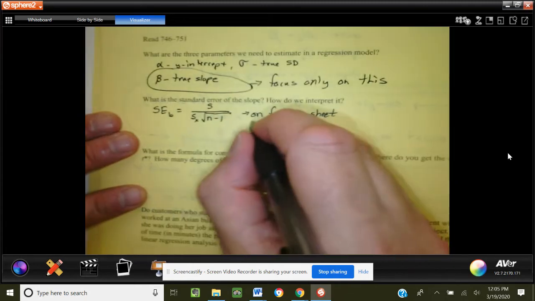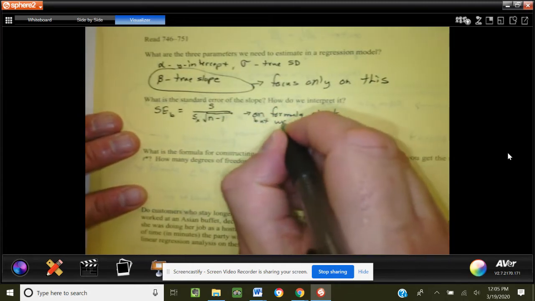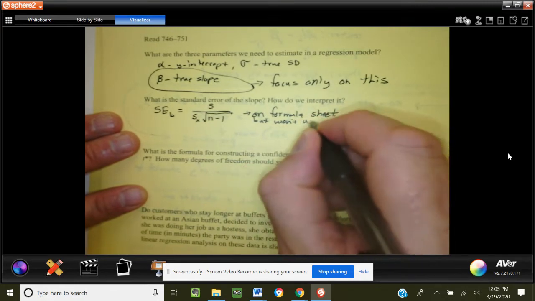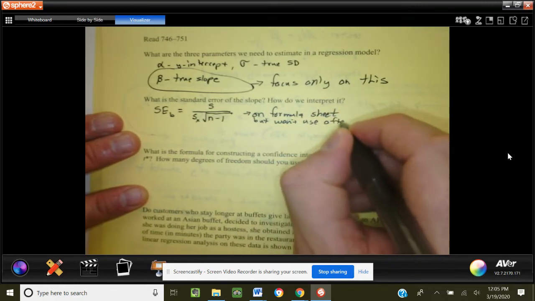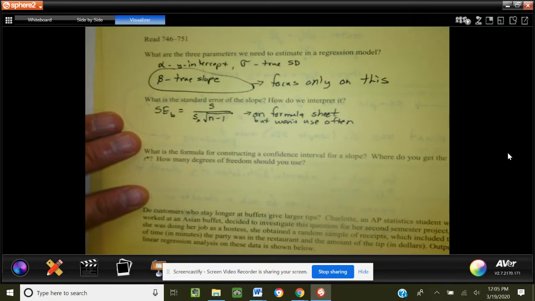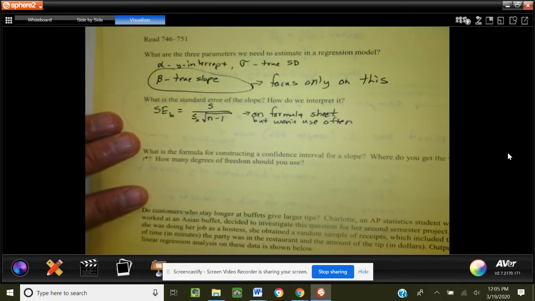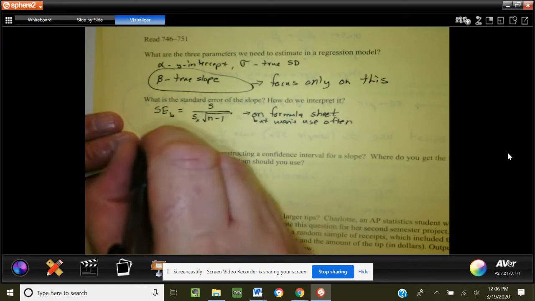Okay. But you won't use this often. Standard error of the slope will be in the computer output. We'll talk about that later. Okay. How do we interpret it?